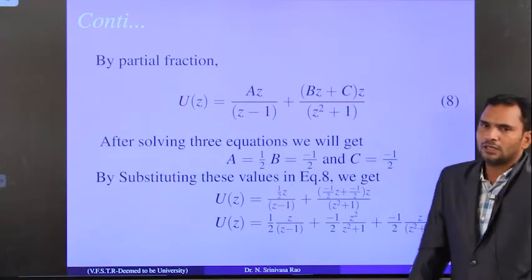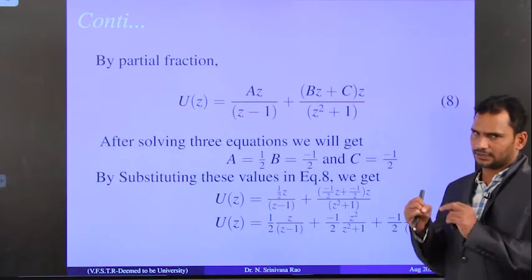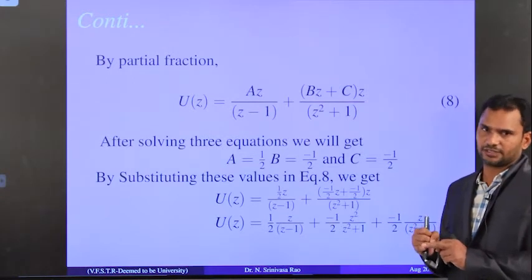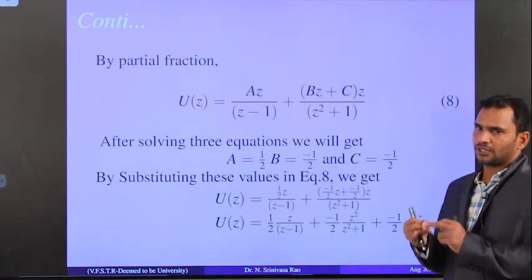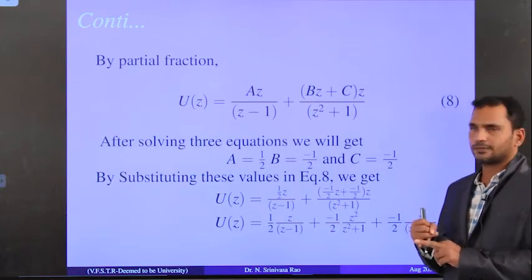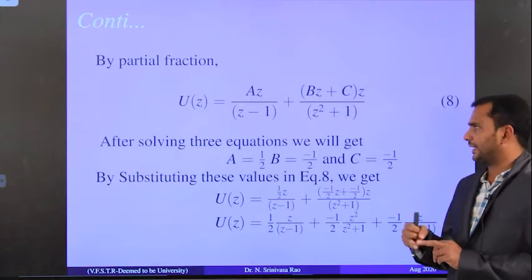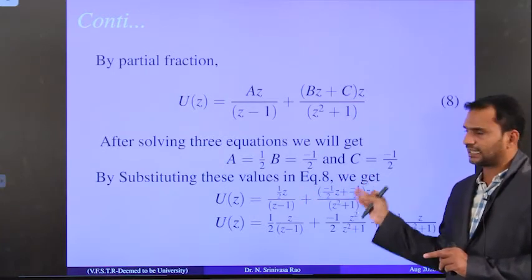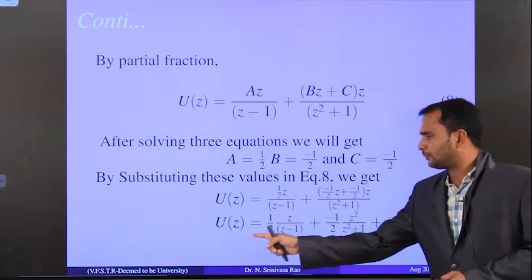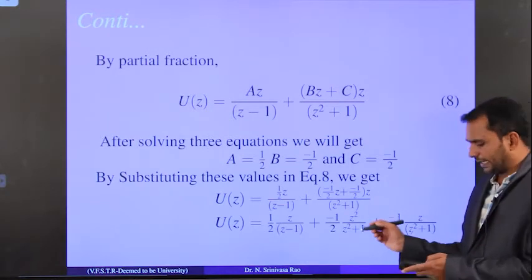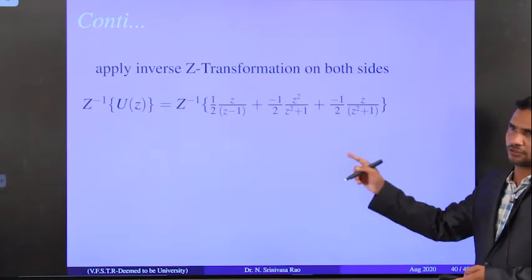Okay, so everybody remember only three steps are involved in finding inverse Z transformation. First you have to find partial fractions, then find constants, and once you find constants, substitute in the given values. Once you have done partial fractions, the next step is to apply inverse Z transform on both sides.